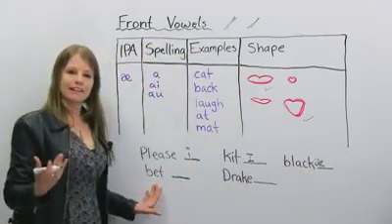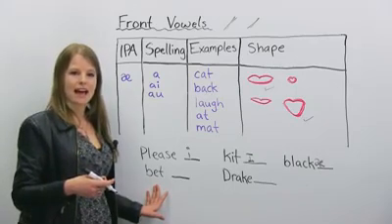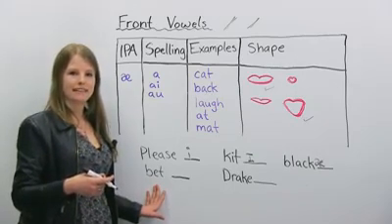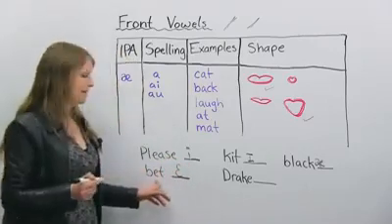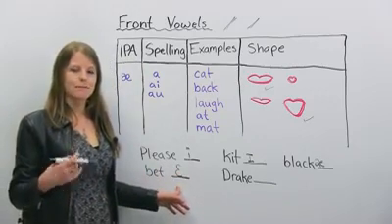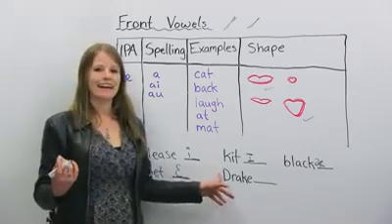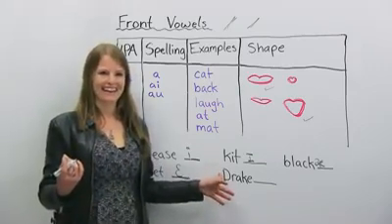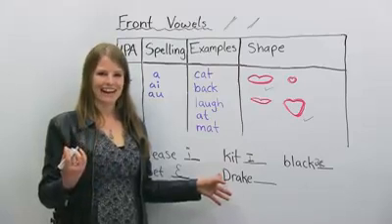Now we have our next sound. Bet, bet, bet. This sound is our E sound. Bet, met. Finally, Drake, Drake.